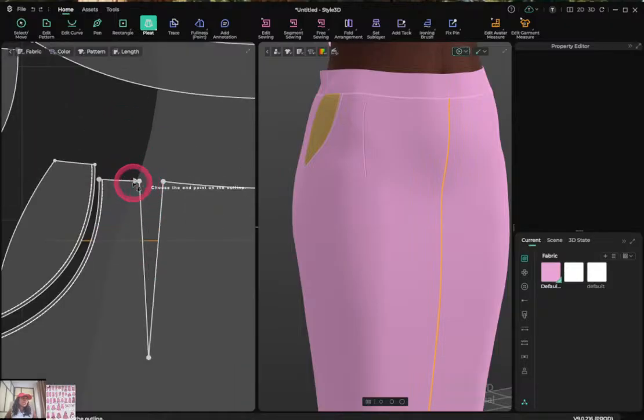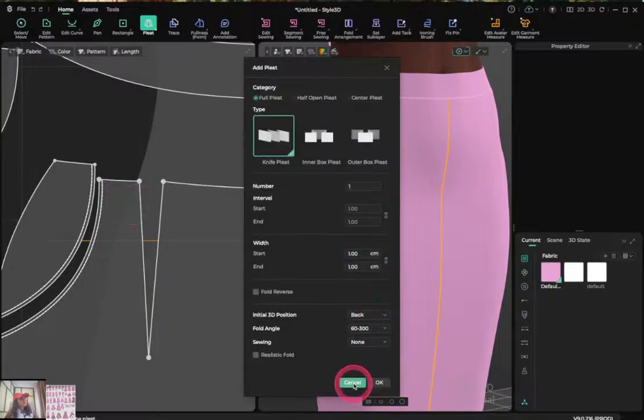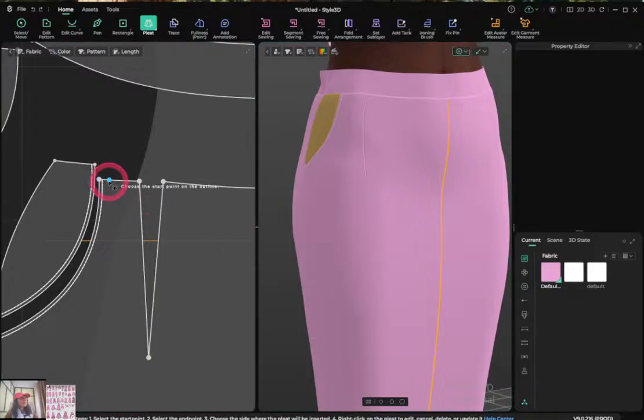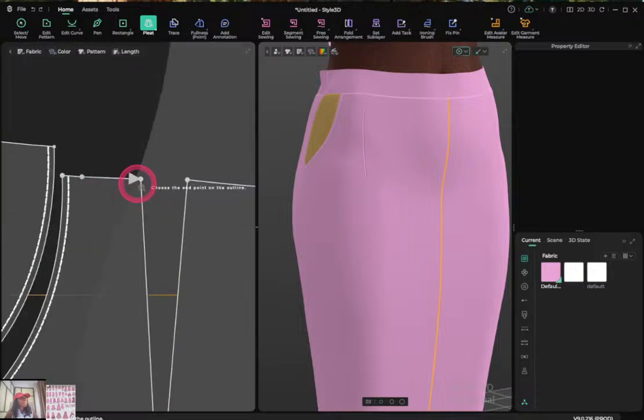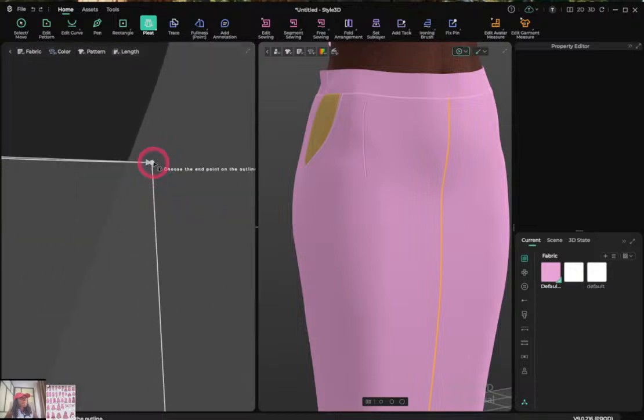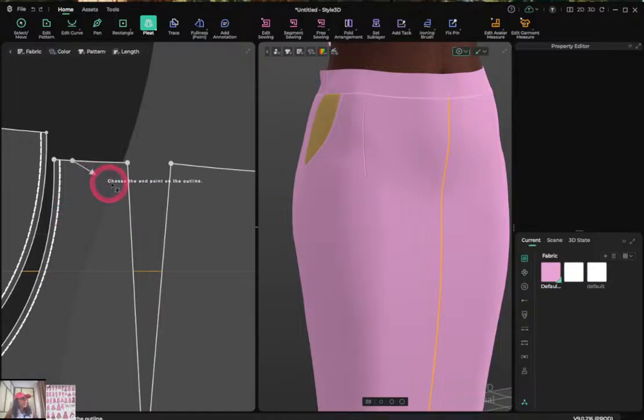No, here, I want pleats from there to here. No. Why can't the end point be there?